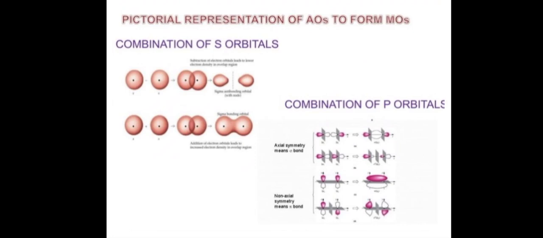Here the 1s atomic orbital is combining with 1s, 2s with 2s, and 2s can even combine with 2px orbital. Also 2py combines with 2py, and 2pz orbital can combine with 2pz atomic orbital.